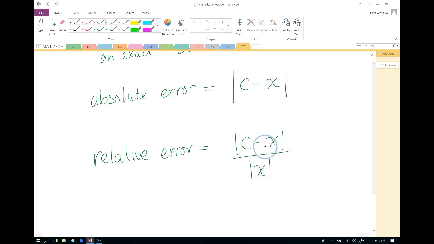But if you're off by 1,000 on 1 billion, that is a tiny amount. So the relative error puts our absolute error into perspective compared to what the exact answer was supposed to be. Now this is only going to work if the area was not 0, obviously, because we can't divide by 0.